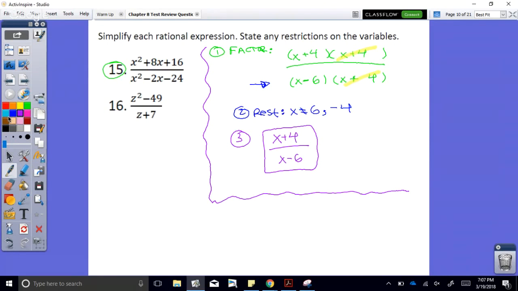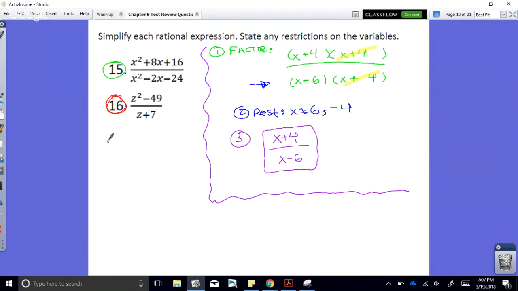Okay, so now we will look at 16. Same thing, we're going to start by factoring. Okay, z plus 7 this time is on the bottom. Difference of two squares, so we're going to take z plus, z minus, and square root of 49 is 7. We're then going to state the restrictions.